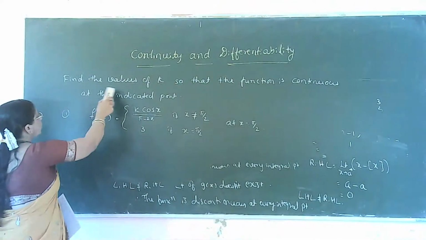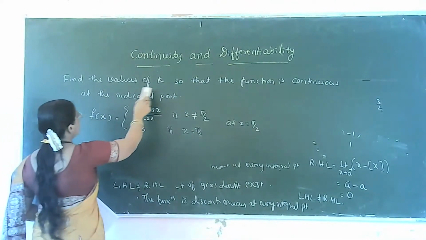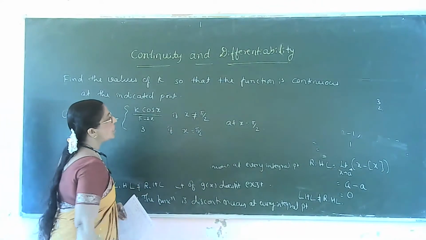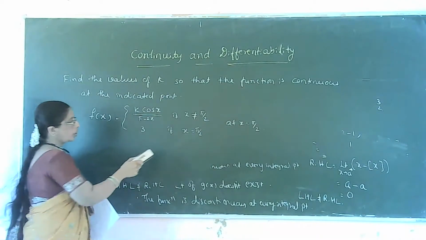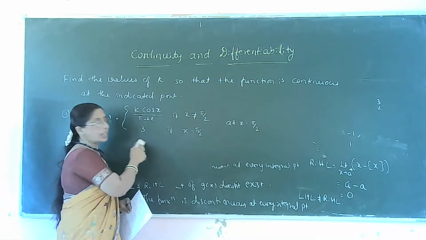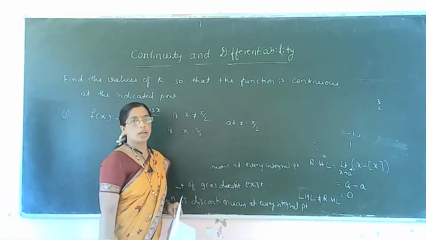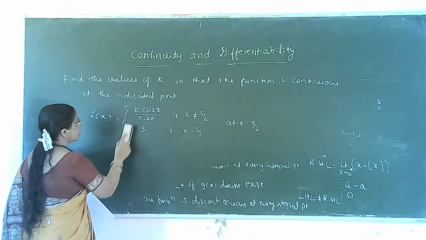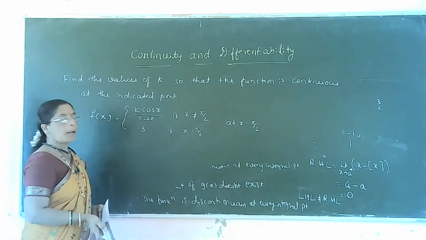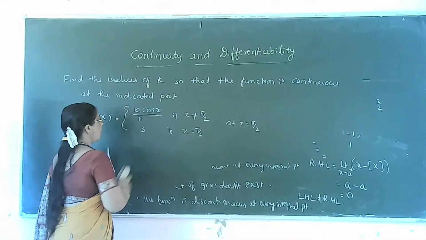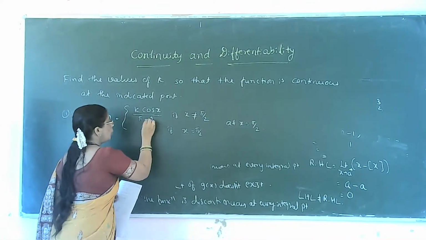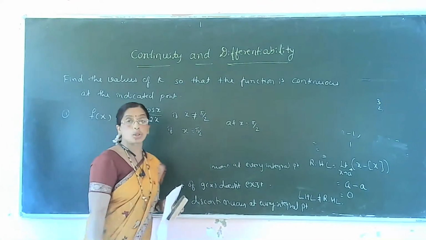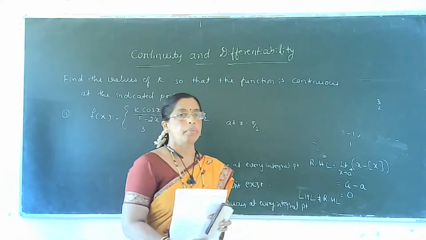Here they have given that the function is continuous at the given point x equal to 5 by 2, and f of x is k cos x divided by 5 minus 2x if x is not equal to 5 by 2.